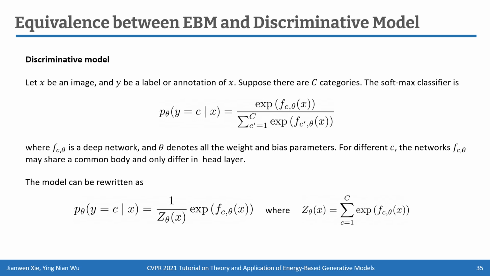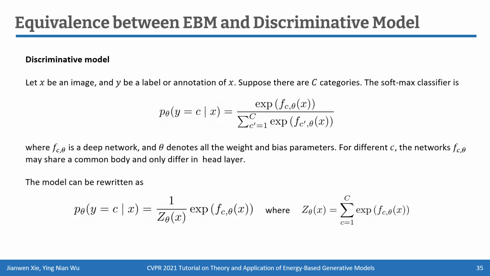We will first introduce the discriminative model. Let X be an image and Y be a label of X. Suppose there are C categories. The probabilistic model P of Y given X for classification is in the form of a softmax classifier, where F is a deep net and theta denotes all parameters of the network.